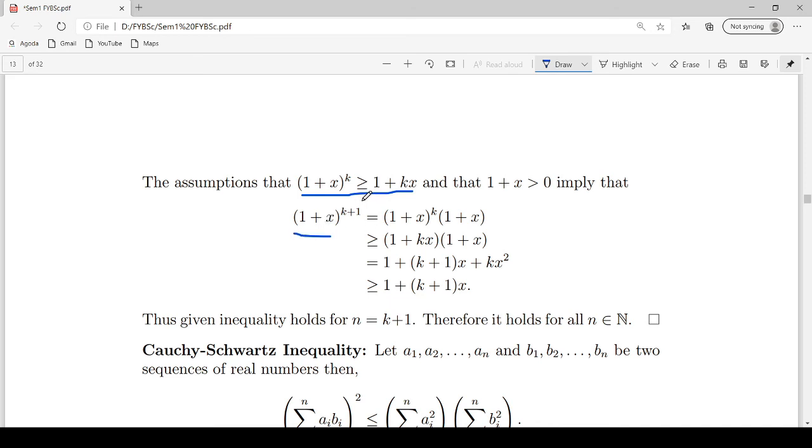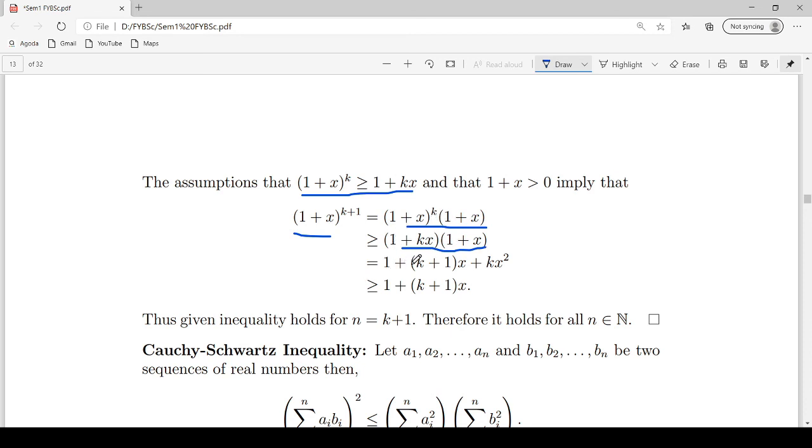I can write it as 1 plus x raised to k into 1 plus x. Now 1 plus x raised to k is greater than or equal to 1 plus kx. So I can say 1 plus x raised to k into 1 plus x is greater than or equal to 1 plus kx into 1 plus x. Then I will multiply both of these brackets.